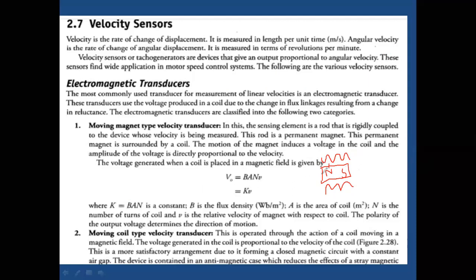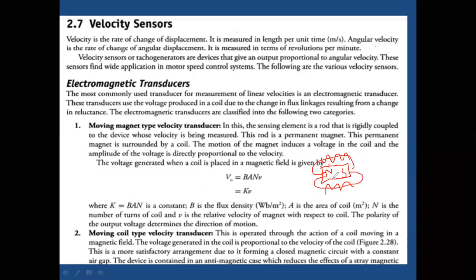Whenever we give some motion to the permanent magnet, the magnetic lines are like this, north to south.